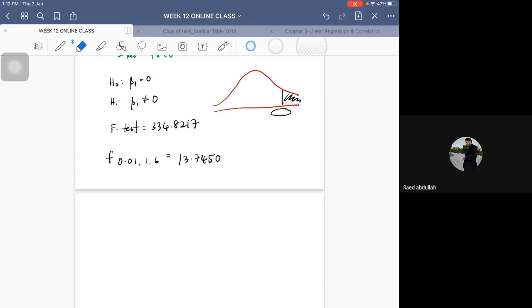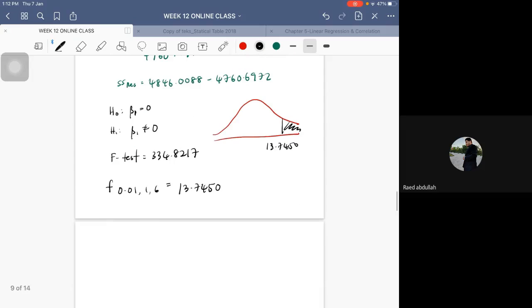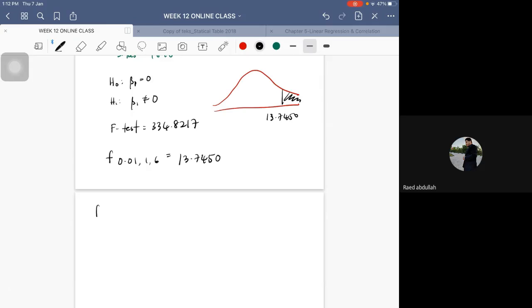So I can put that here. This is going to equal 13.7450. Now, if I were to compare this with my F-test, am I going to reject or not reject? What is the outcome?